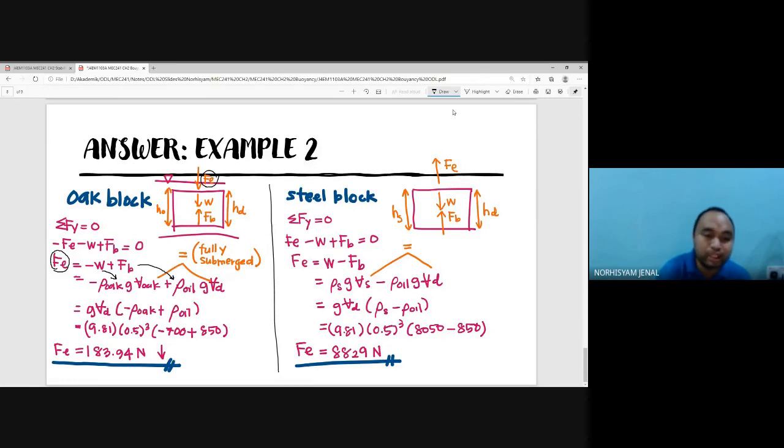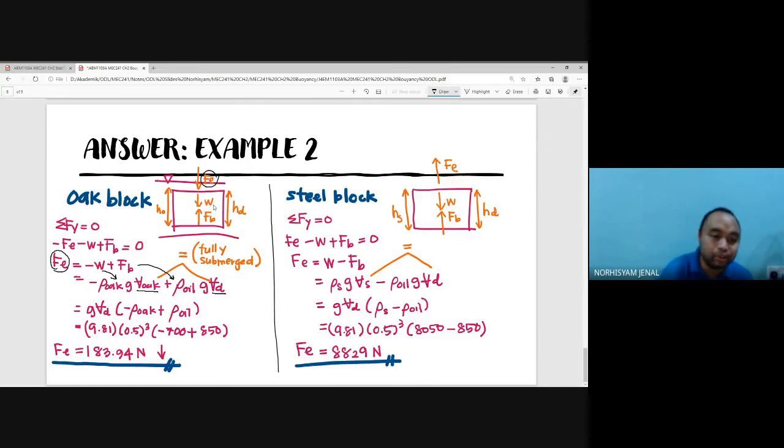In this condition, volume of oak and volume of displacement should be the same. Once again, if you have a suspended body, the whole body is submerged in the fluid, which means HD should be the same as HO, because the total volume of the object is fully submerged. So because of that, the volume should be the same.